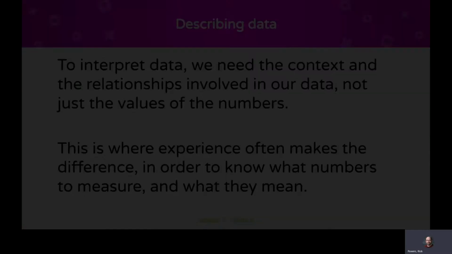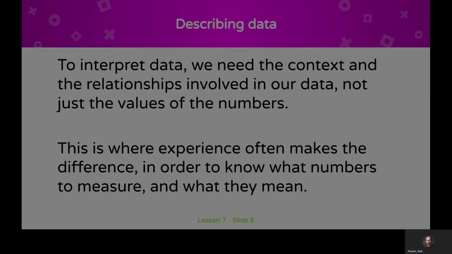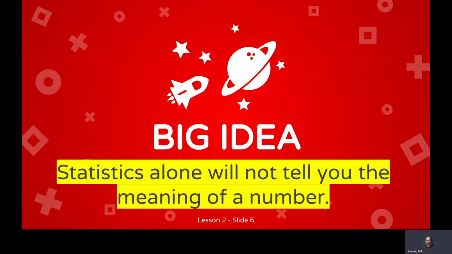To interpret data, we need the context and the relationships involved in our data, not just the values of the numbers. This is where experience often makes the difference in order to know what numbers to measure and what they mean. Big idea. Statistics alone will not tell you the meaning of a number.